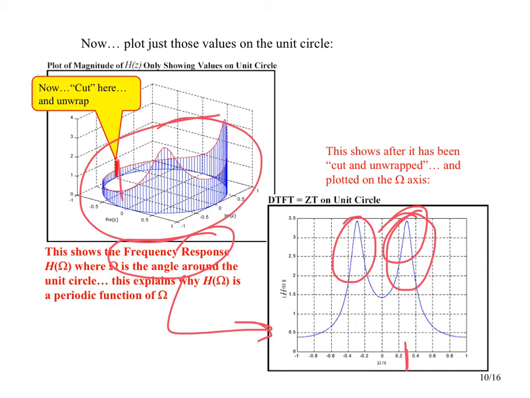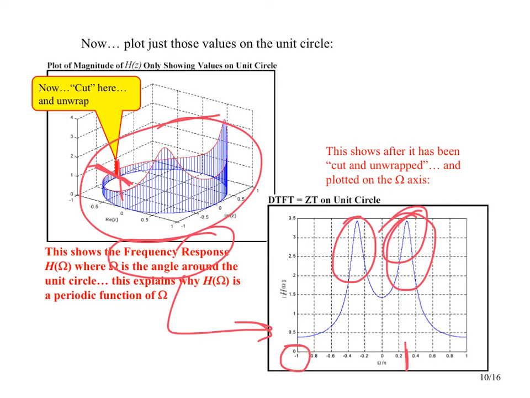When we cut and unfold, the minus pi angle becomes the minus pi point on our linear axis. And so now we see why, first of all, we talk about discrete time frequencies in terms of radians per sample. We also can see the periodic nature of the DTFT.